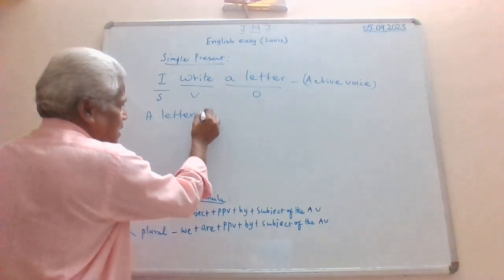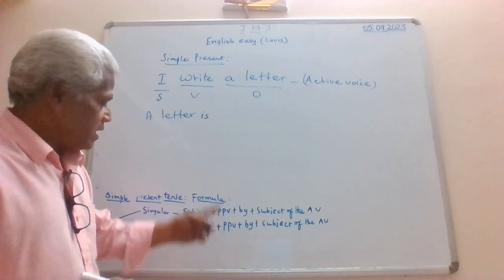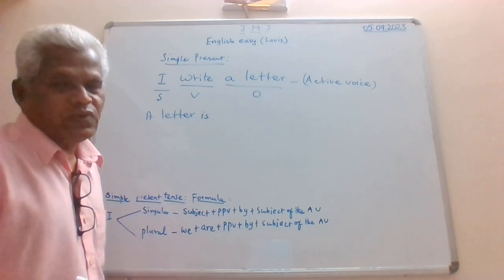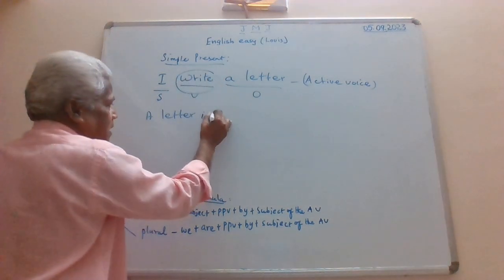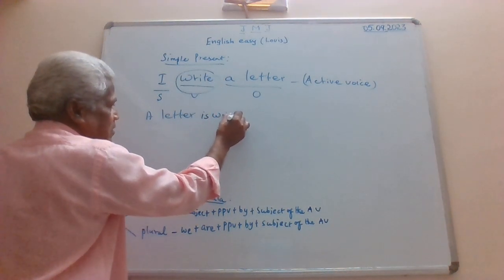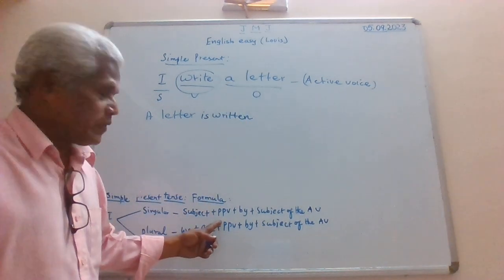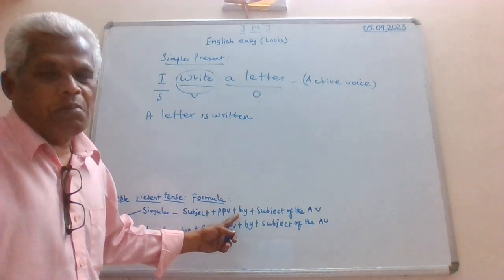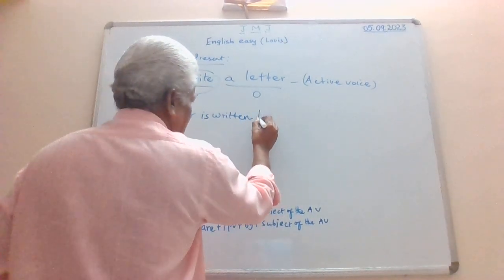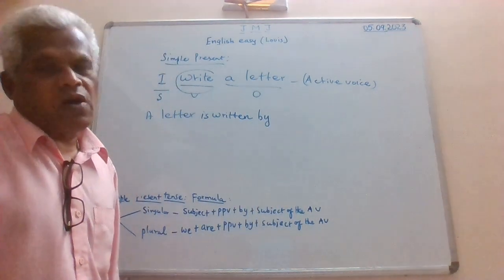A letter is, then the past participle form of the verb. What is the past participle form of the verb? Right here, written. A letter is written, past participle form of the verb. And then you have the preposition by.